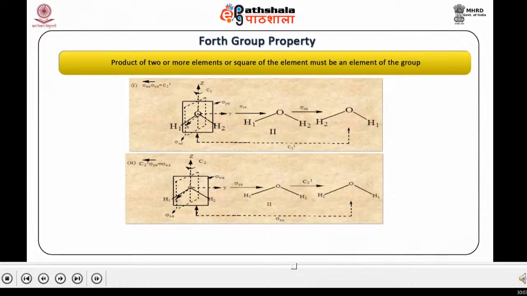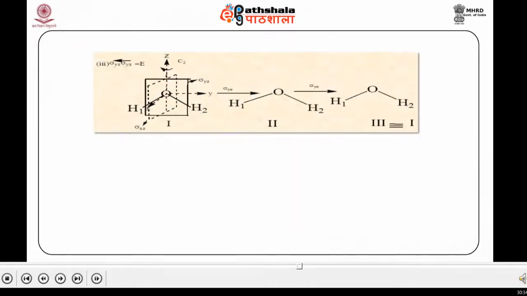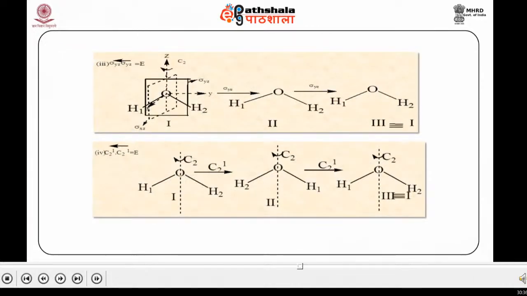The combinations of various symmetry operations are shown in the figure. These are some more products according to the fourth property.